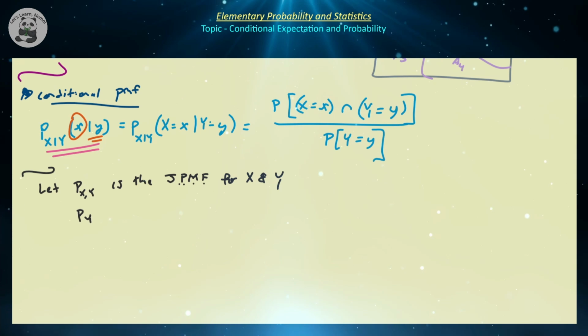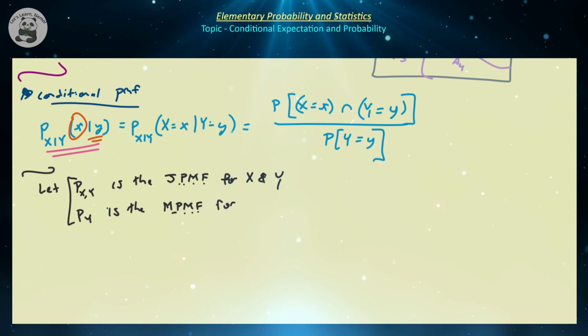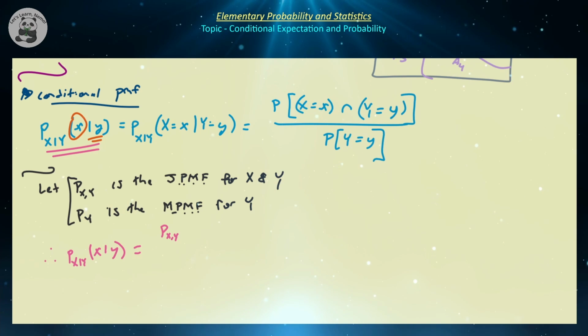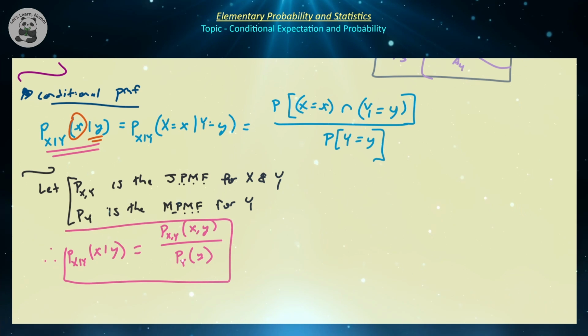And let's assume that p subscript Y is the marginal probability mass function for Y. Then if that is the case, we can represent this conditional probability, the probability of X given Y, of little x given little y, as just the joint probability mass function of X comma Y evaluated at little x, little y, divided by the probability that Y takes the value of little y. And this is what a conditional probability mass function is.